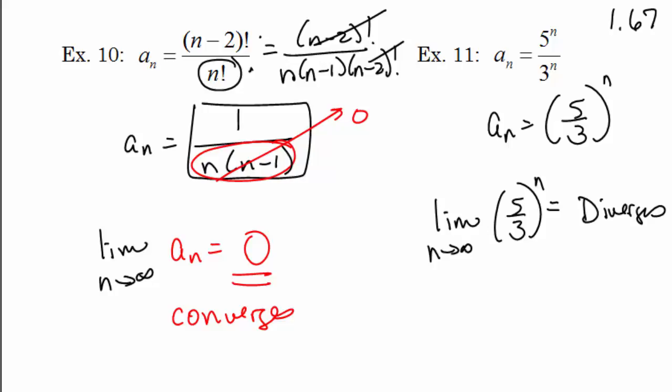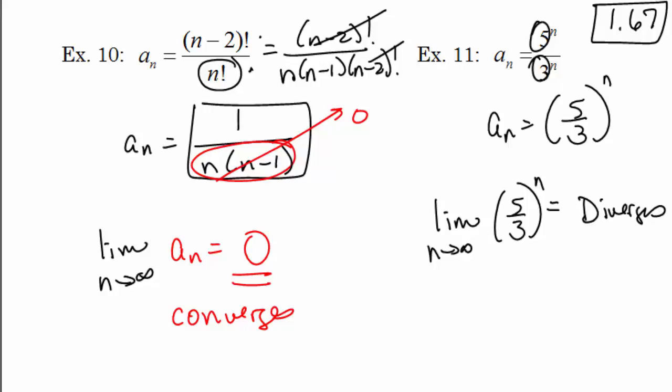Number 12. What the heck is this? We have e to the n over pi to the n. Well, just like number 11, this can be written as e over pi to the n. Now, e and pi are just numbers, just like 5 and 3 were. But 5 over 3, that ratio was bigger than 1. But what about e over pi? So e is about 2.718.